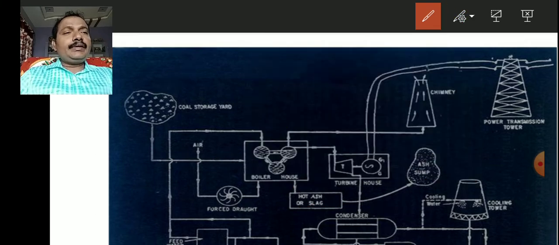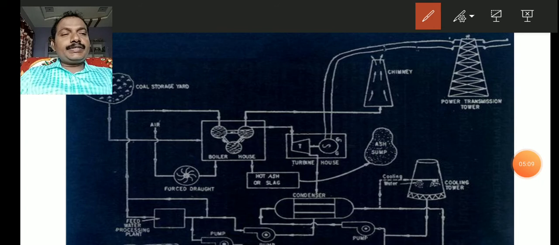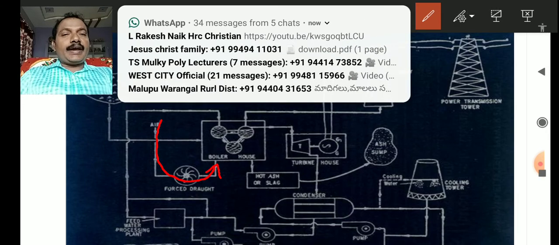Now let us see another circuit. The second circuit is air and flue gases. Observe here, the environmental air is taken by the forced draught fan. This will direct this air into the boiler. So this air helps for the fire.